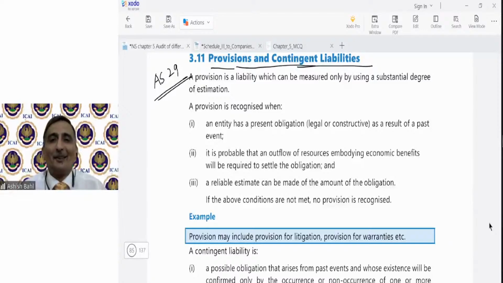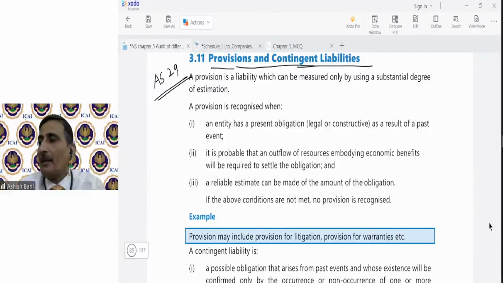Okay. So AS29, provisions and contingent liabilities. All the nitty-gritty, all the detailing of this, students, अगर आपको कुछ समझ में ना आए तो जब अकाउंटेंसी में ये आएगा तो आपको अच्छी तरह से समझ में आ जाएगा.